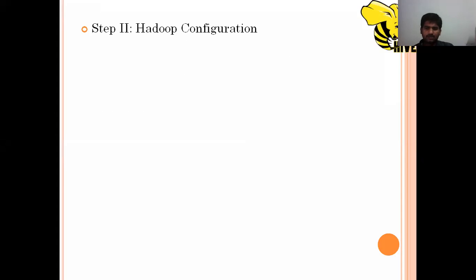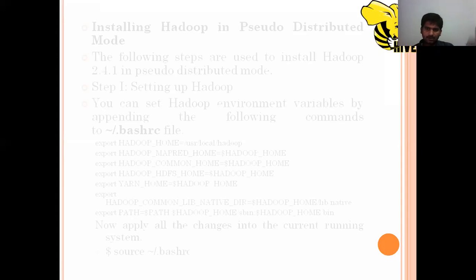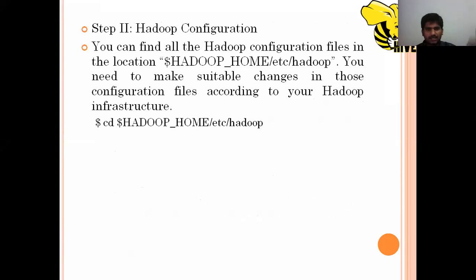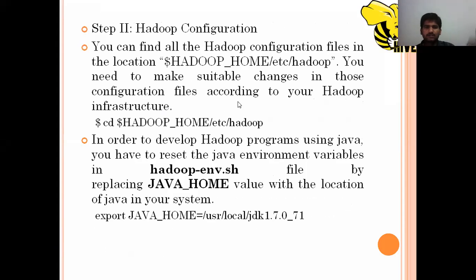See here, Hadoop home, lib, native, all those things. Now we have the bin folder like this, with all the extensions there. Through those, for Hadoop, you can make suitable changes to the configuration files according to your Hadoop infrastructure.